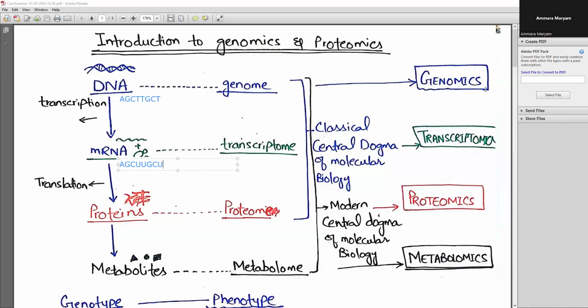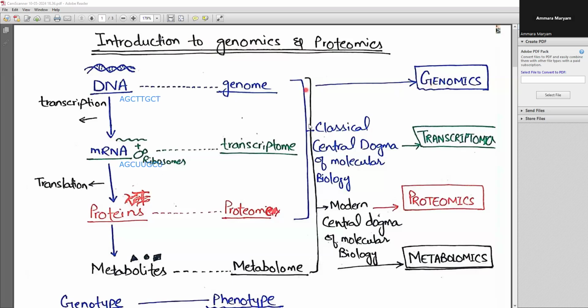Genomics provides insights into genetic variation and the relationship between the genes and the disease.